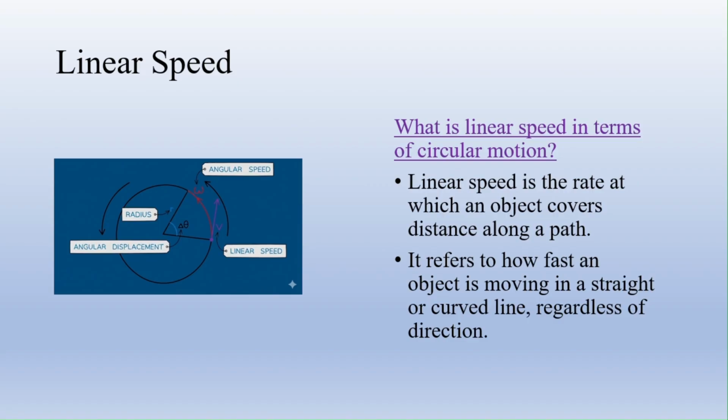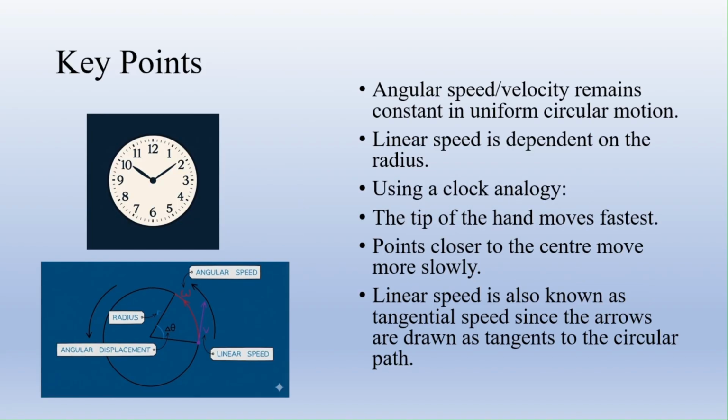But there are some key points that you need to remember. Angular speed or velocity remains constant in uniform circular motion. Linear speed is dependent on the radius. It's a little bit tricky getting your head around the difference between angular speed and linear speed.